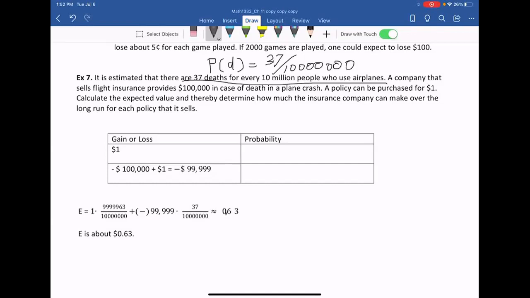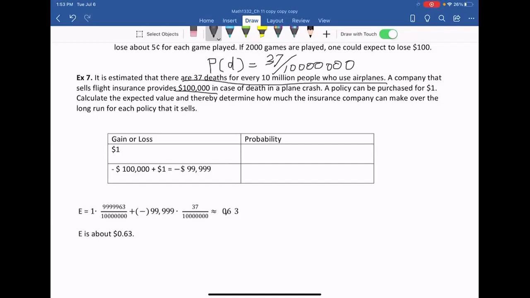So we must find the outcomes and the probabilities. The first outcome is there's no death. So the company will earn $1 for the policy. Another outcome is death in a plane crash. The company will lose this amount of money, and also remember the person already paid $1 to buy the policy.